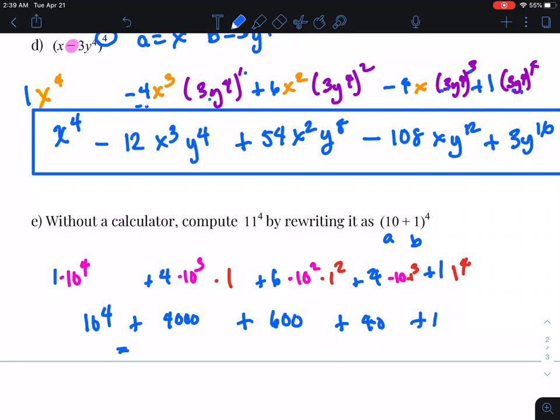So this is just 14,641. Okay, so that's just another way of doing it if you don't have a calculator.